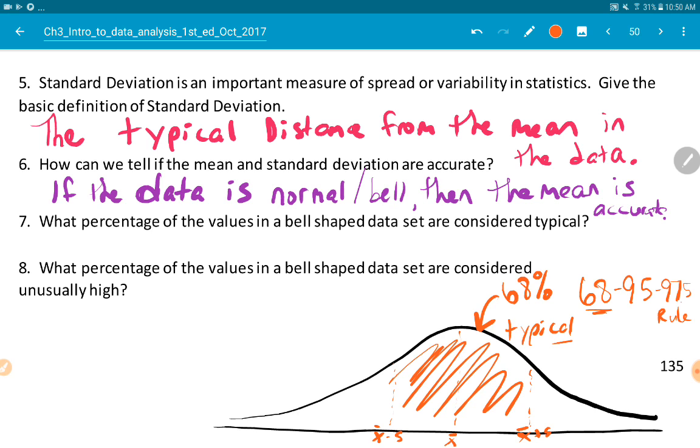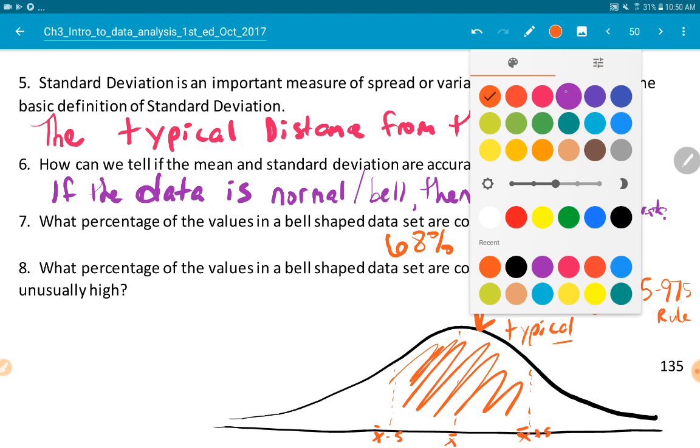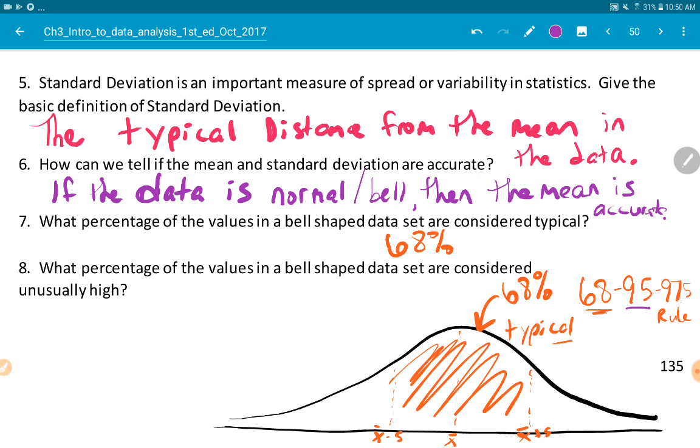So for number 7, what percentage of the values in the bell-shaped data set are considered typical? That answer is 68%. For number 8, what percentage of the values in the bell-shaped data are considered unusually high? That's where we get that 95 rule. That means we're 2 standard deviations away. So I have for my mean, I go up 2 standard deviations.